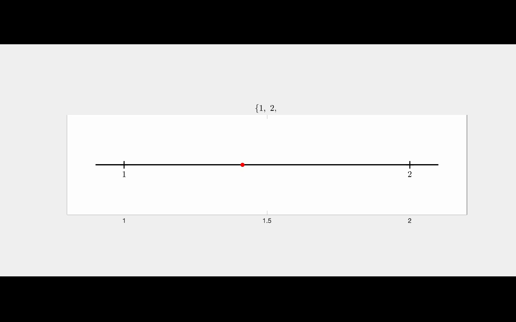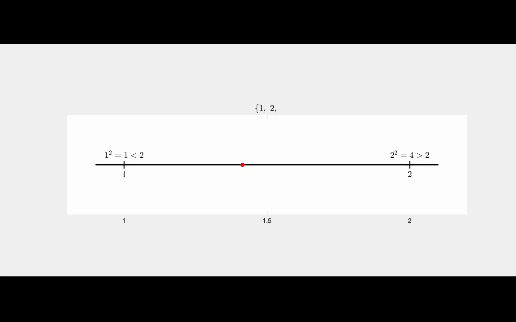So let's build a sequence that begins with 1 and 2, because we know that the square root of 2 has to be between 1 and 2. And just for the sake of illustration, the square root of 2 is there as the red dot. Now, how do I know that the square root of 2 has to be between 1 and 2?